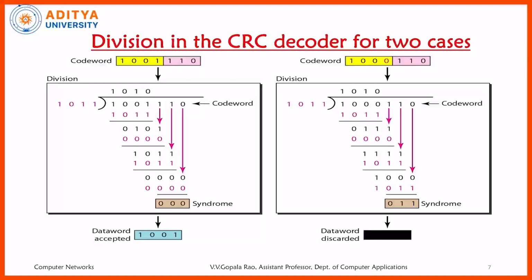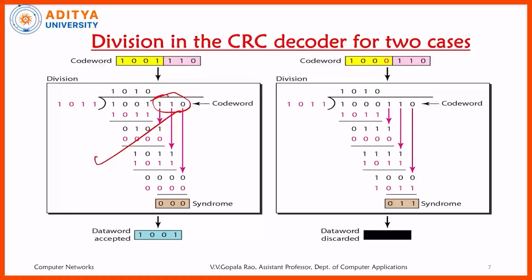Now the same procedure is carried out at the decoder also, the exact procedure what we followed at the encoder, but here this value is 000 in the encoder, but in this decoder it is 110 because the CRC that is arrived at the encoder is now taken into consideration. This is the code word that is received by the receiver.